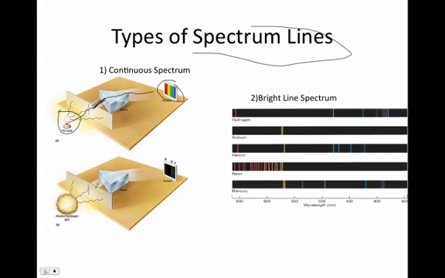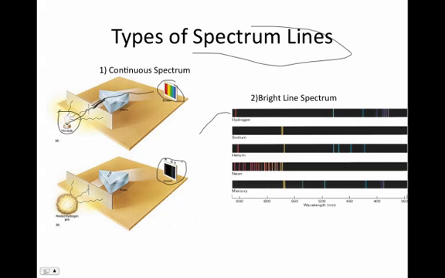So heated hydrogen through a diffraction slit and then allowed through a prism, it can create kind of an individual fingerprint, which we call the bright line spectrum. So hydrogen would produce this, which would give it, like I said, an identity. We know that hydrogen will produce these colors of lines when they are refracted.